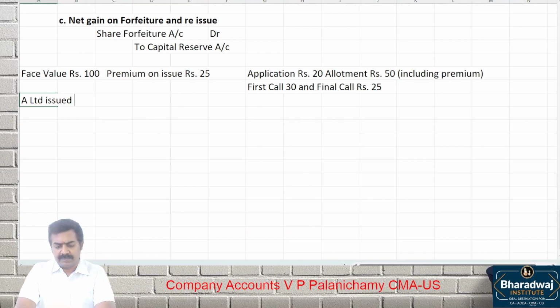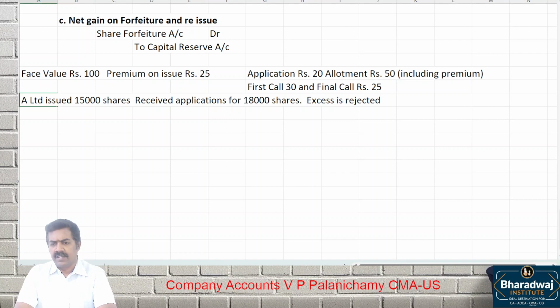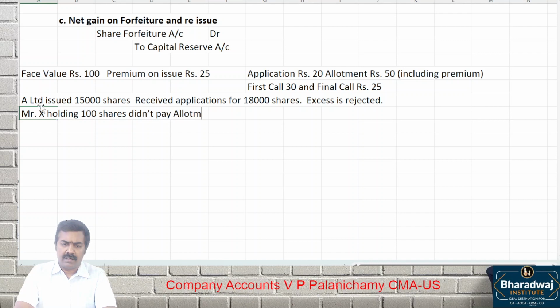A Limited issued 15,000 shares, received applications for 18,000 shares. Excess is rejected. Mr. X holding 100 shares did not pay allotment and first call.